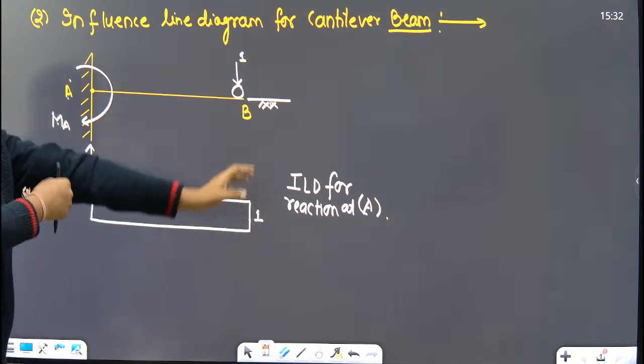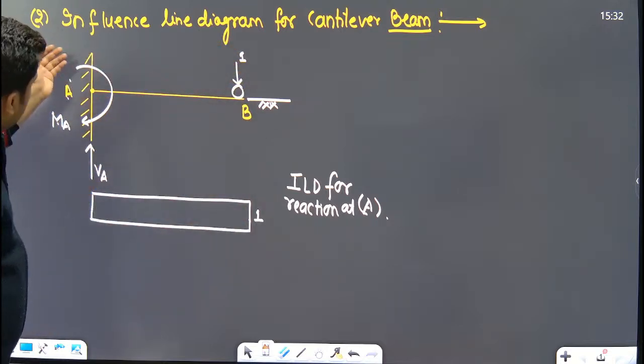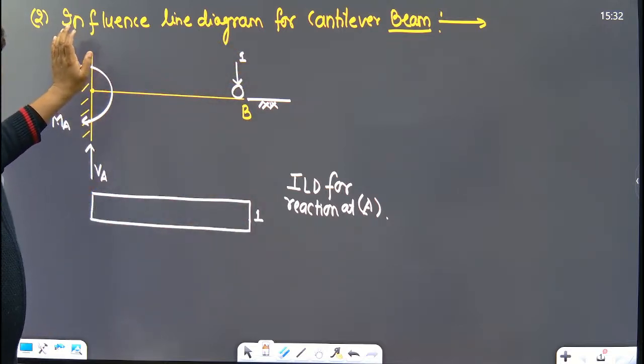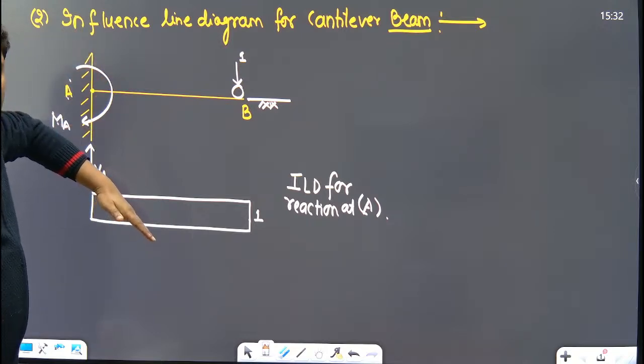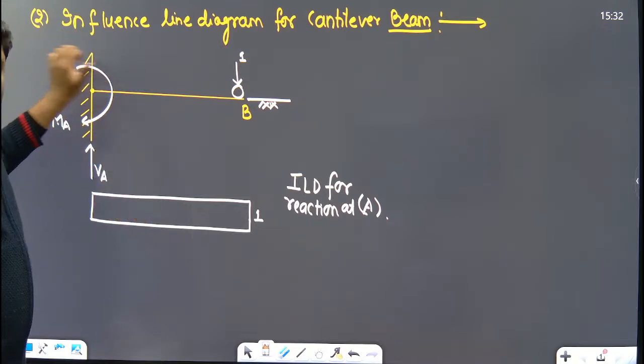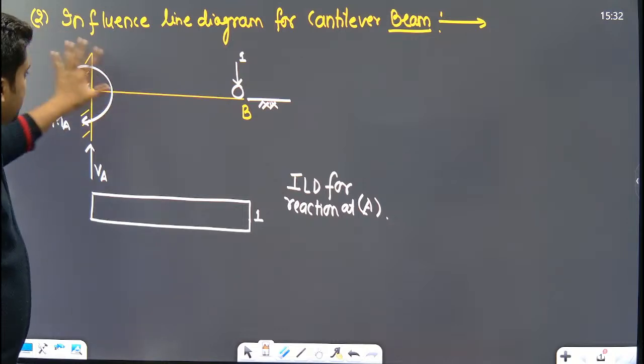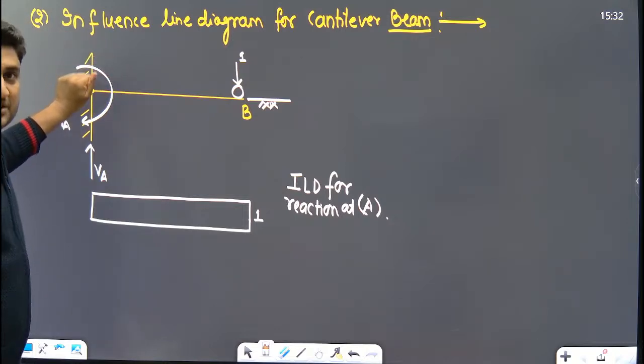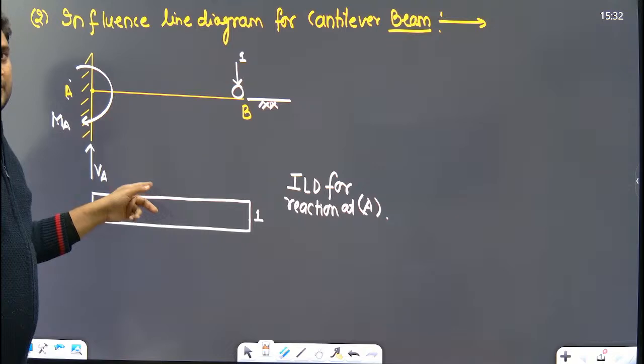If we release this moment, the deflected shape will be on a slope. Since we are holding it and just removing the support and giving it 1 unit displacement, this will be the shape.